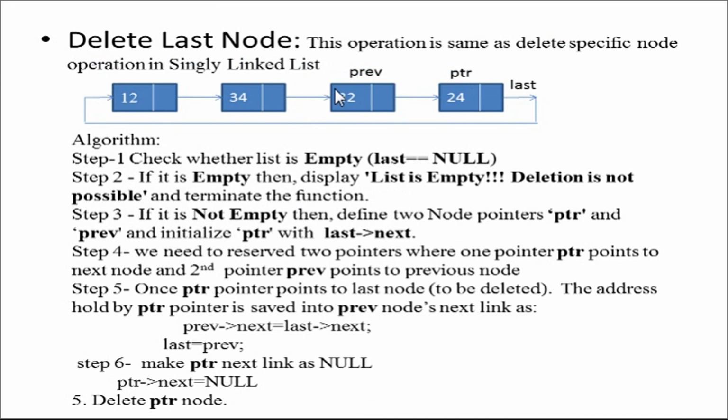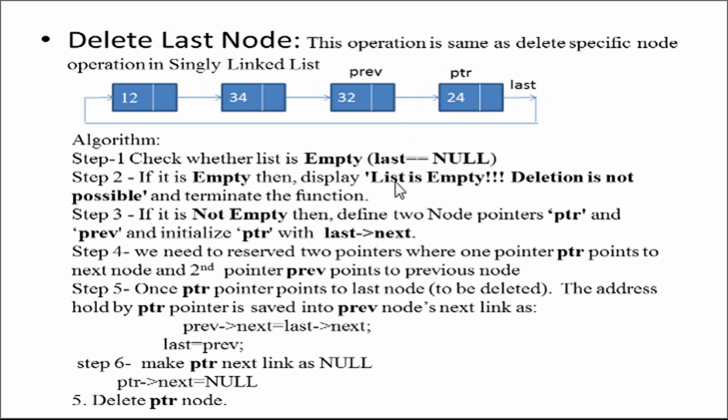Then delete last node. This operation is the same as the delete operation in a singly linked list. To delete the last node, we first of all need to check whether the list is empty or not.